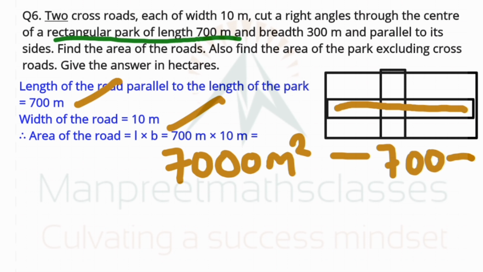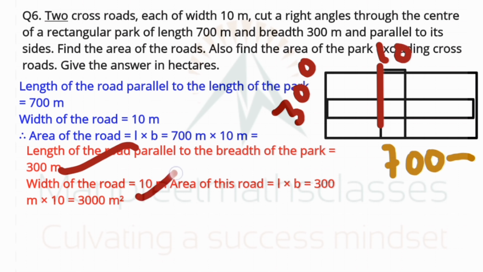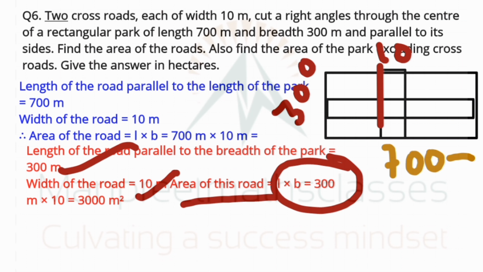In the same manner, now we'll calculate the road parallel to the breadth of the park, that is this one road. The breadth is given as 300 meter. So this length will be 300, width is given to us as 10. Now we'll find the area of this road by putting in the formula length into breadth. So 300 into 10 gives you 3000 meters square.